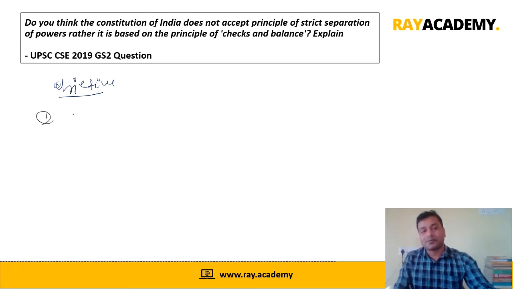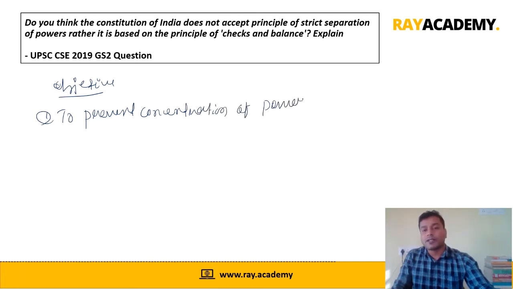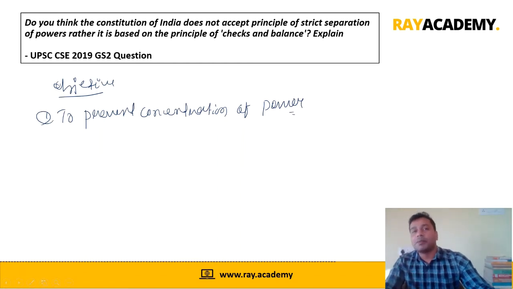Number one, to prevent concentration of power. There is a famous saying that power corrupts, absolute power corrupts absolutely. Which means, if you want to know somebody, give him or her power.